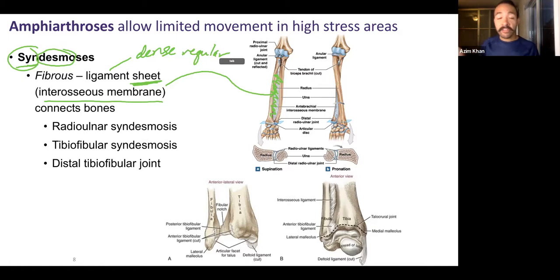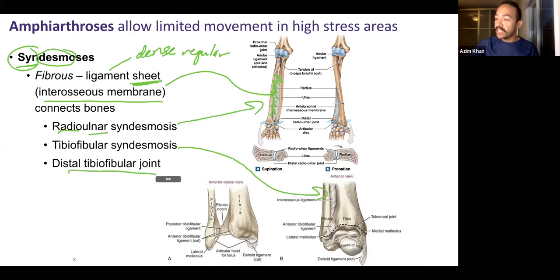And there's some important places where we have syndesmoses to have limited movement. Between your radius and ulna, that's what's pictured here, in your antebrachial region, your forearm, and between your tibia and fibula, you have a syndesmosis. And the distal tibiofibular joint is also close and tight and does not move much.